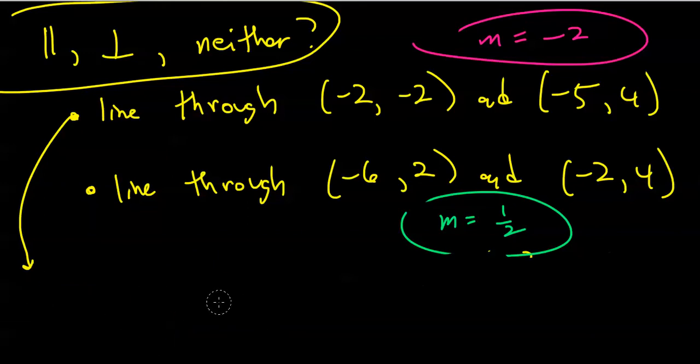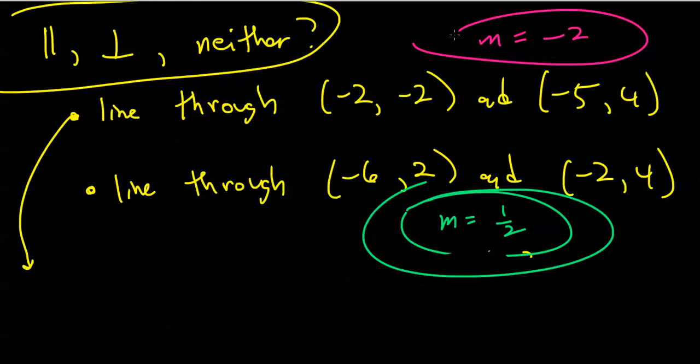Well, I can now make the judgment. Are these lines parallel? Of course not. The slopes are different. Are they perpendicular? Well, if they're perpendicular, the slopes must be negative reciprocals, and indeed they are. 1/2 is the negative reciprocal of -2, and the negative reciprocal of -2 is positive 1/2.